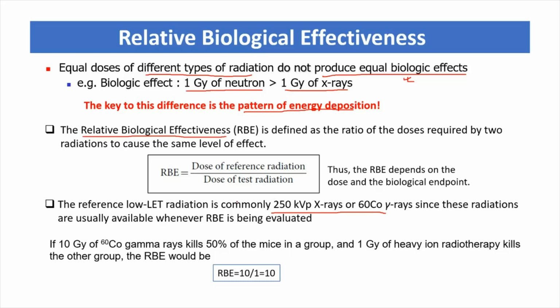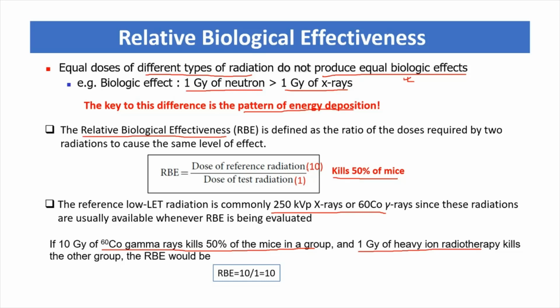So to make use of this RBE, let us have a small example. If 10 gray of cobalt 60 gamma rays kills 50% of mice in a group, and 1 gray of heavy ion radiotherapy kills the same 50% of mice in a group, then RBE equals 10 by 1. 10 is the reference radiation, that is the cobalt 60 gamma rays having a dose of 10 gray, and for the test radiation we required 1 gray of heavy ion radiotherapy for killing the same percentage.